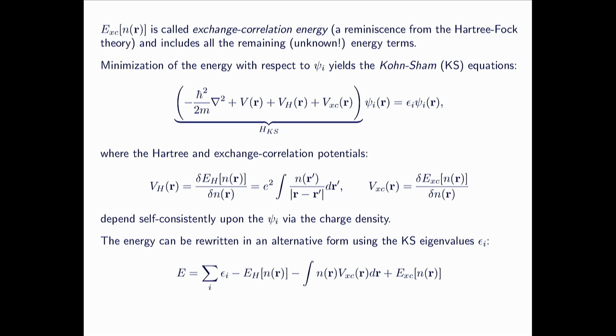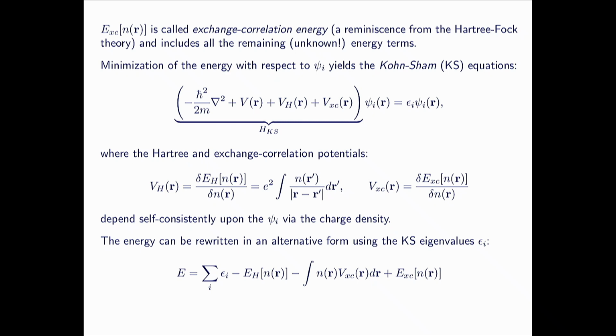Then at this point, we minimize the energy. So we say, okay, what are the Kohn-Sham orbitals that give the correct ground state, always with the constraint that they have to give the charge density of the system of real electrons, and with the constraint that orbitals have to be orthonormal.